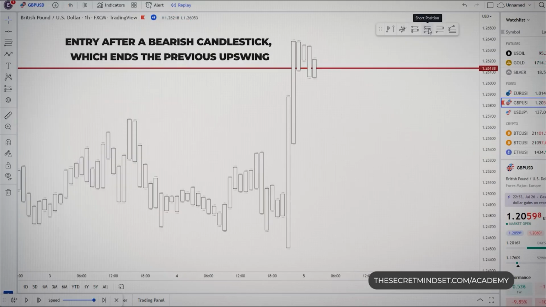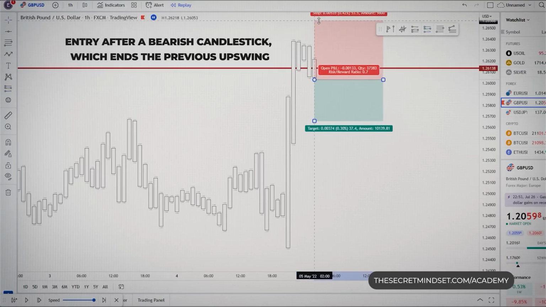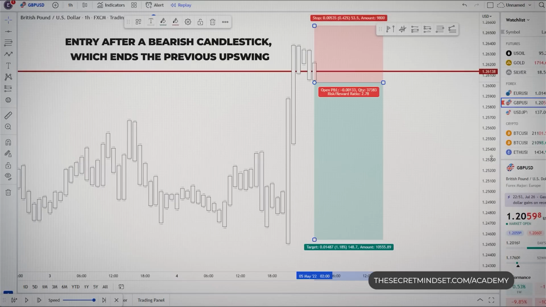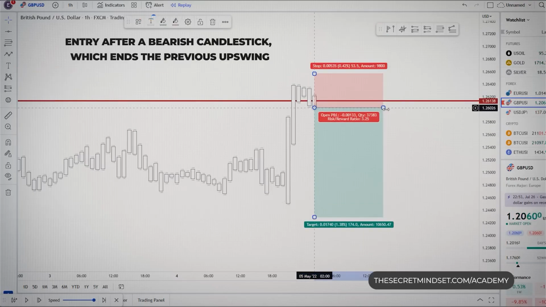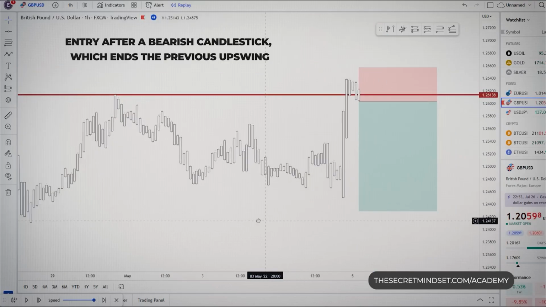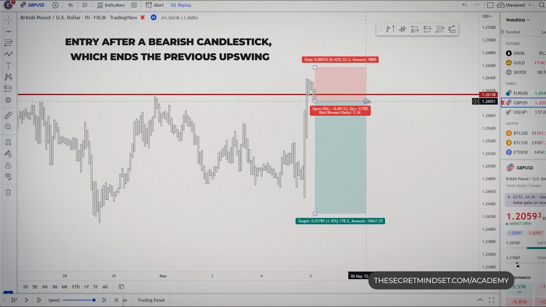And when price forms a bearish candlestick, which ends the previous upswing, we can take a short trade after this liquidity clearout in the direction of the main trend. Stop loss goes above the previous swing high and will target this next swing low in the price structure.